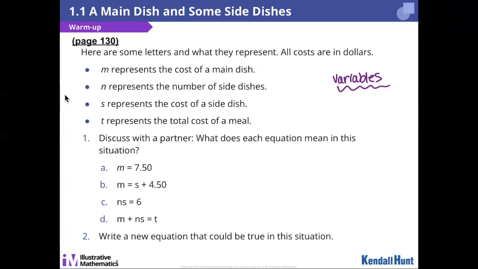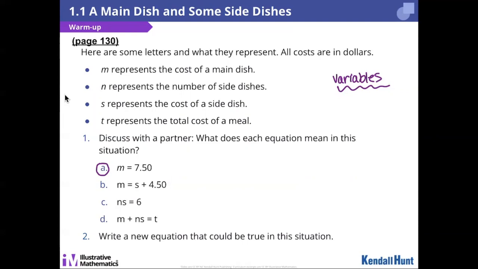So question one says, discuss with a partner, what does each equation mean in this situation? Now, you do not have to discuss this with a partner necessarily, but I do want you to take a moment and think about what each of these mean. For example, if we look at 1A, it says M equals $7.50.